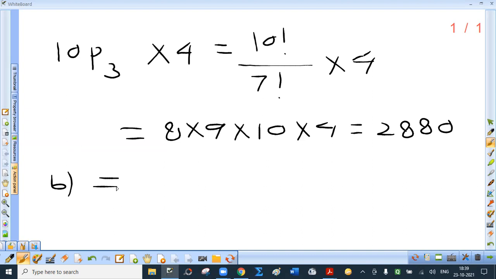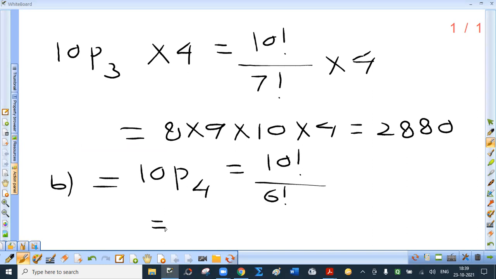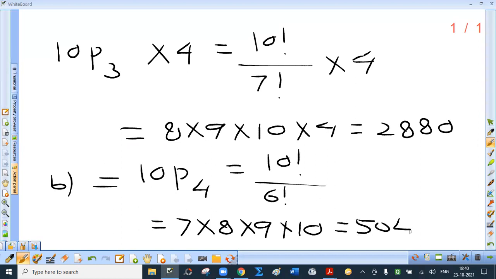Therefore, number of ways equal to 10p4, that is 10 factorial upon 6 factorial. Tell me the value after cancelling 6 factorial. 7, 8, 9, 10, which is actually 5040.